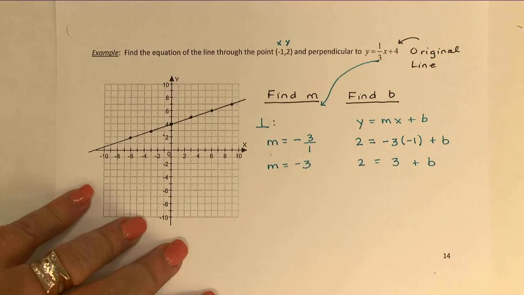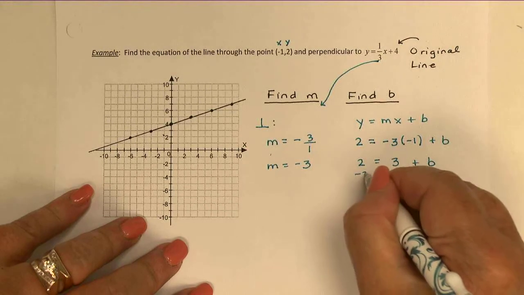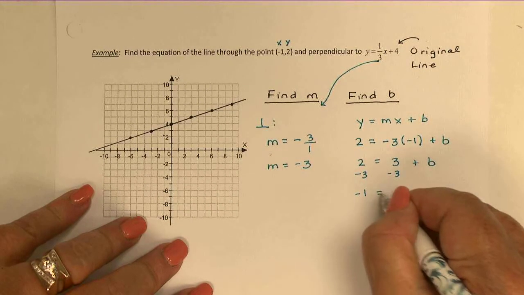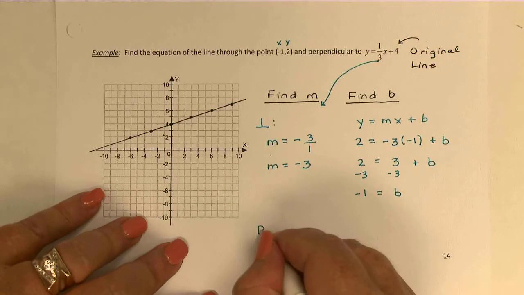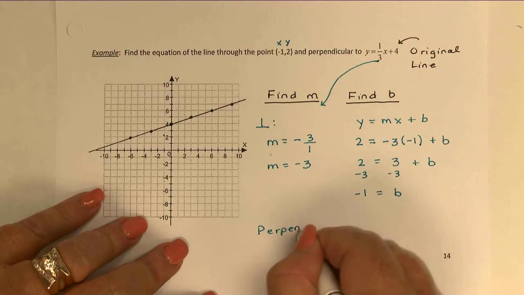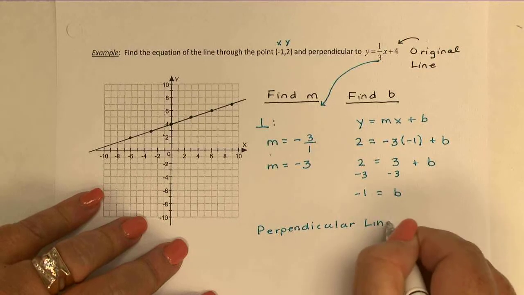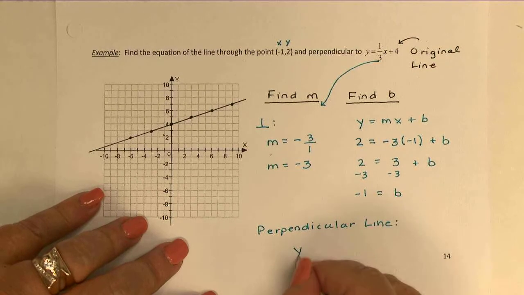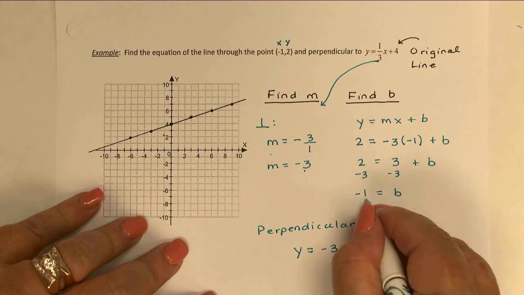Two would be 3 plus b, and when I subtract the 3, I can see that I'm going to get a b value of negative 1. So the perpendicular line will be y equals negative 3x minus 1.